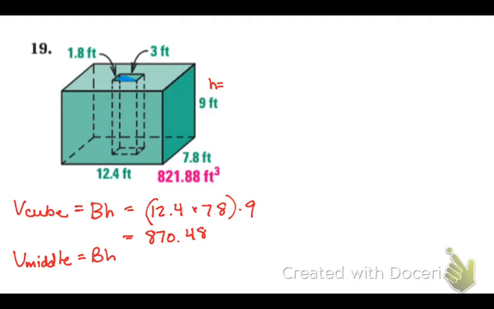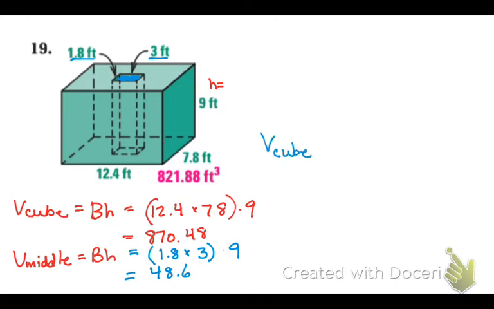This is one of the bases, and we're told that this side is 1.8, this side is 3 feet. So our base is 1.8 times 3, and our height is still 9. So we calculate all that out, and we get 48.6.